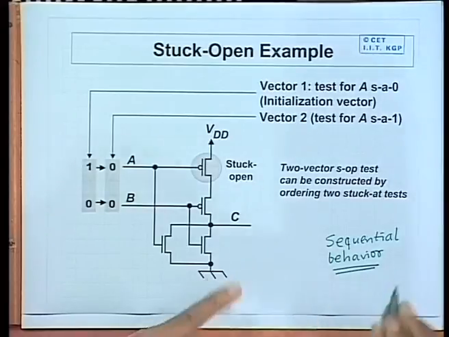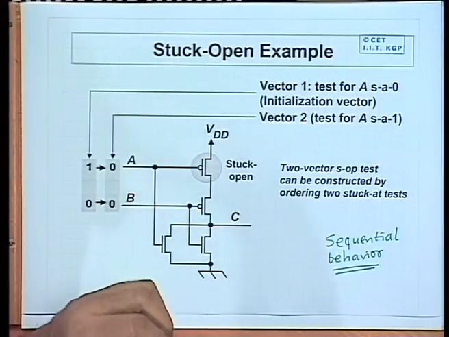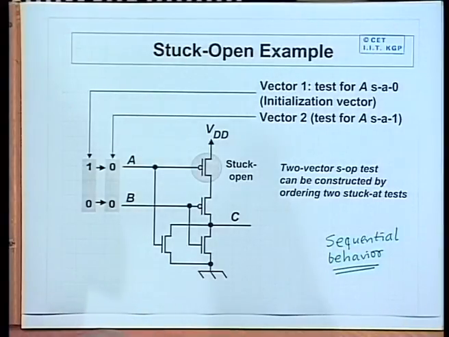What I mean by sequential behavior is that the combinational circuit now behaves somewhat like a sequential circuit. This means that the output you get in the present instance depends on the output which was there in the previous instance of time. This is not in the spirit of a combinational circuit, because in a combinational circuit the output depends only on the applied inputs at the present point in time. So, let us see why this happens.